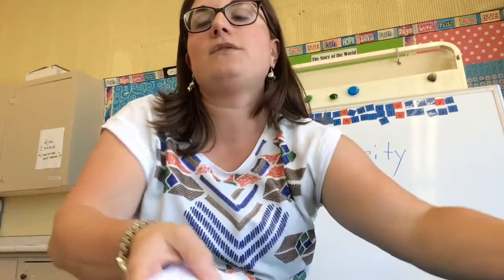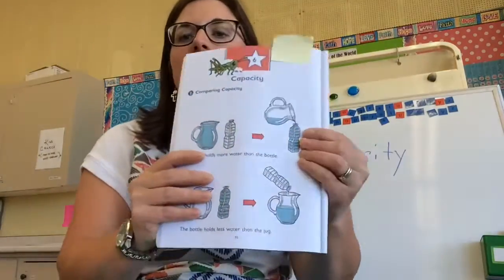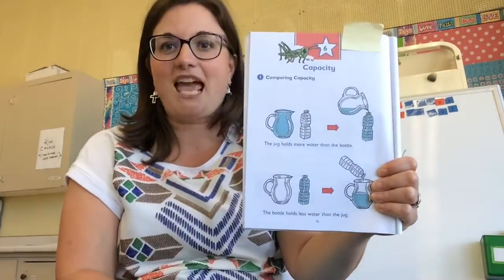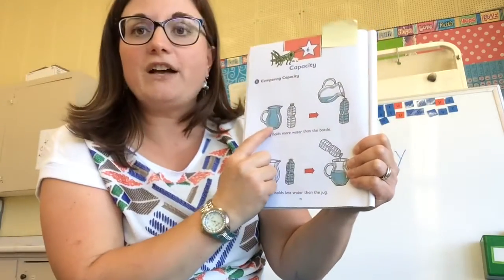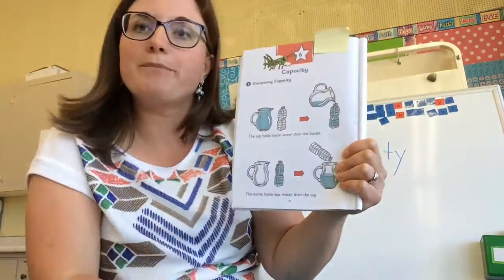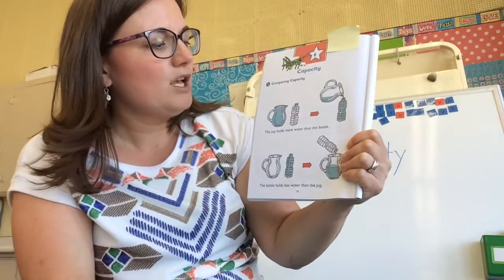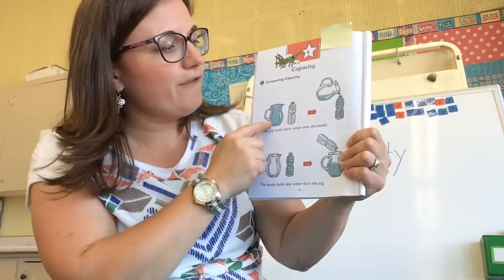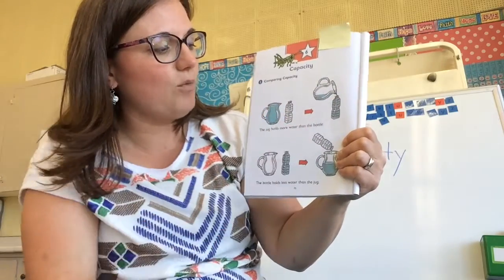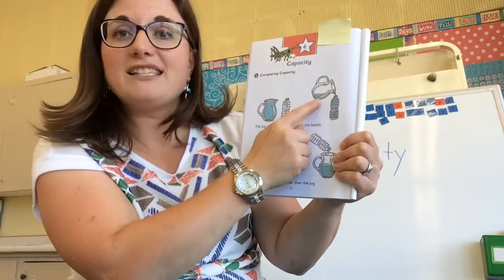If you don't have your textbook, press pause, get your textbook, and open to page 70. We have a jug and a water bottle, and we want to see which one can hold more water. If I pour the jug into the water bottle, I still have some left.